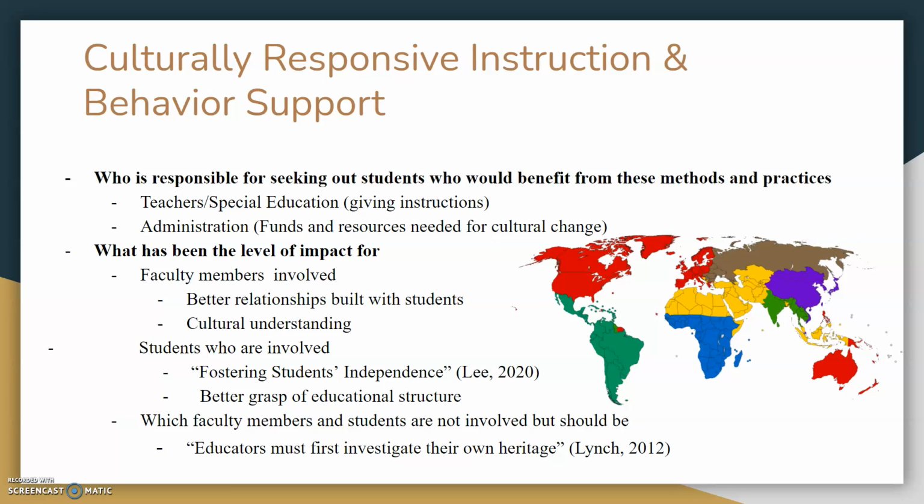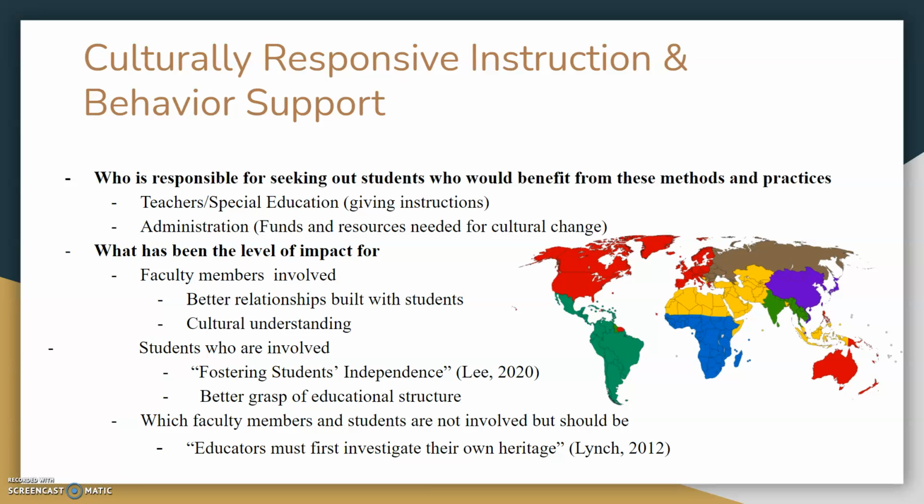These students will be able to better grasp an educational structure, being aware that not everyone is from their same school or same town, that other people do move in and do choose to come to their school.